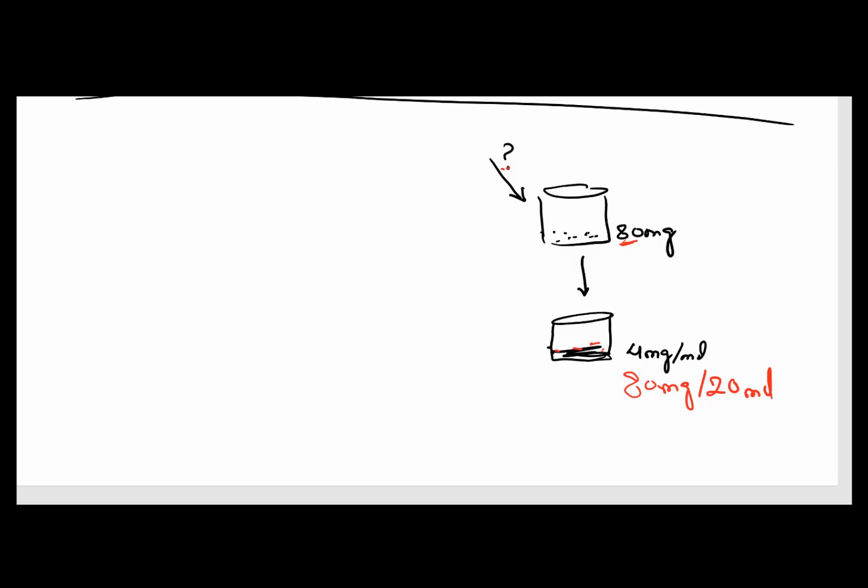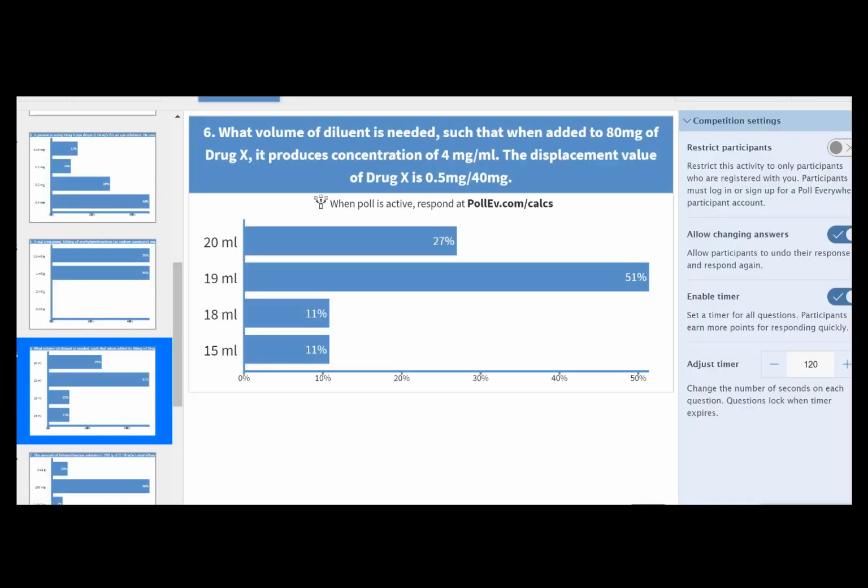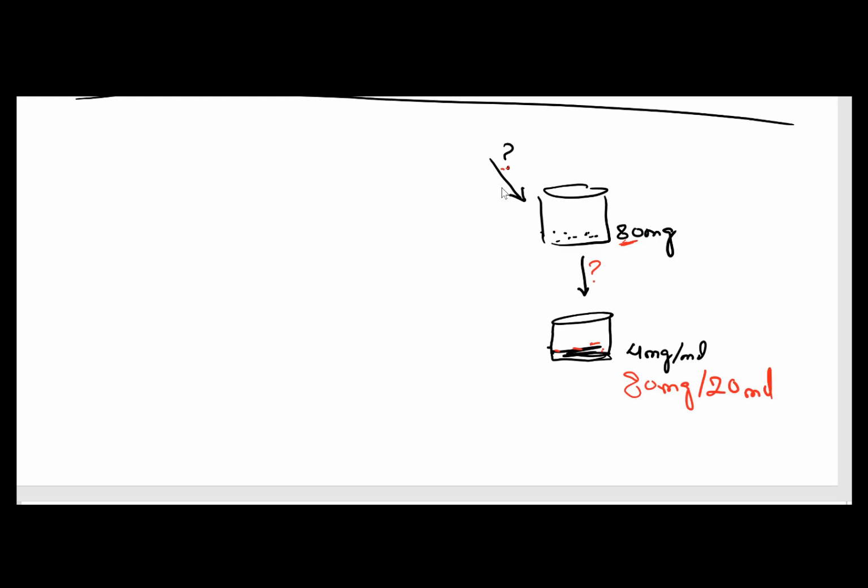And so there are two things missing here. One is this, and one is the displacement value, right? But in the question, displacement value is given, which is 0.5 for 40 milligrams. But we are dealing with 80 milligrams.